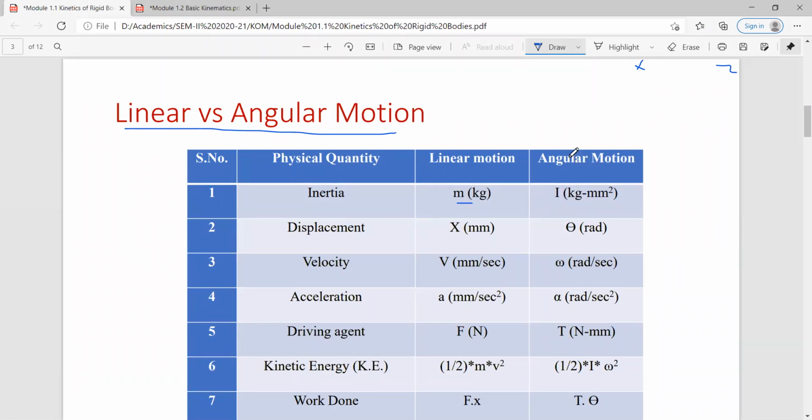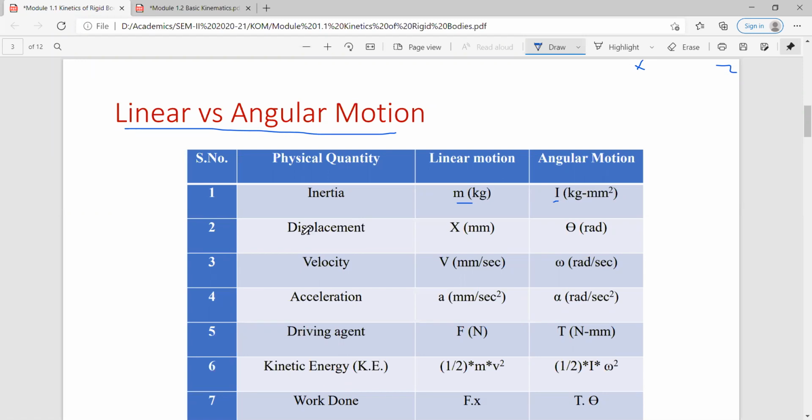In case of angular motion, to represent the inertia, there is one term which is nothing but mass moment of inertia, I, and it is calculated as equal to mk square.